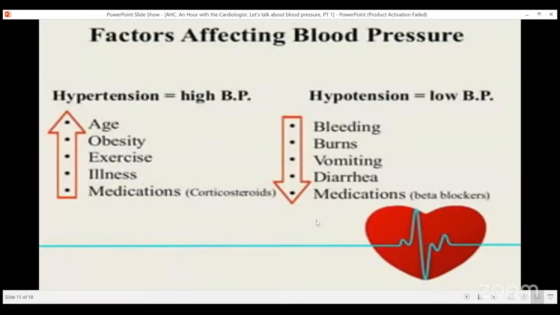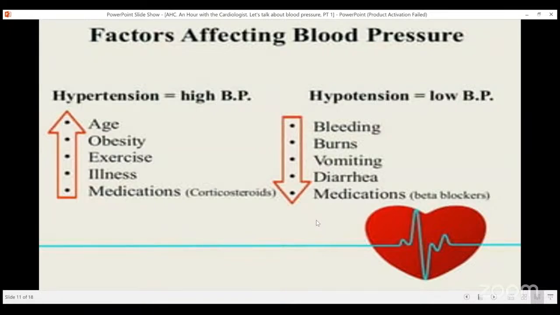All right, so factors affecting blood pressure. Age can affect blood pressure. Obesity. As one ages, the blood pressure tends to go up. Why? Because of the increasing stiffness of the arteries, and that generates increased pressure within.